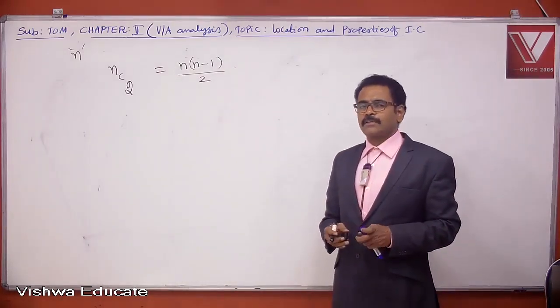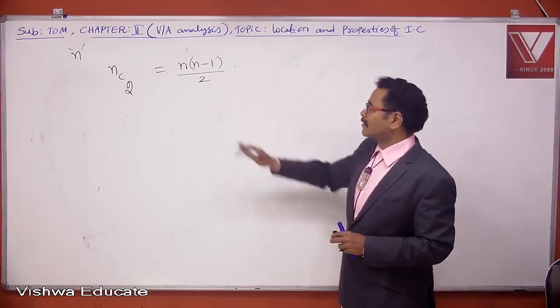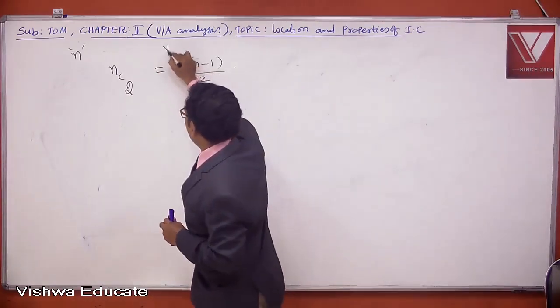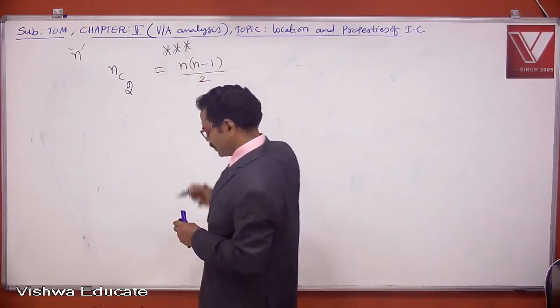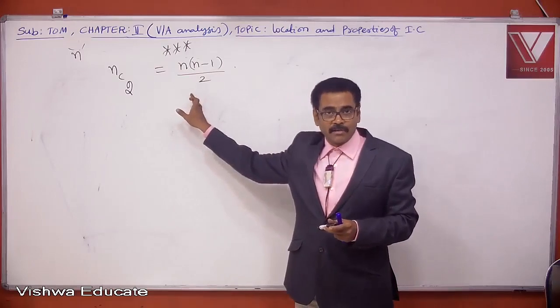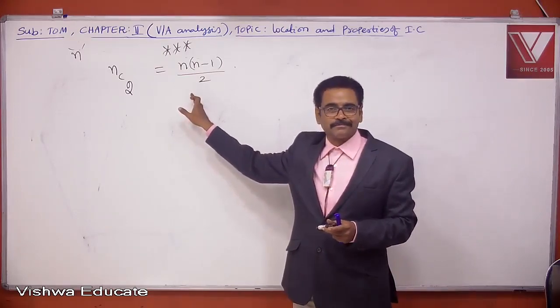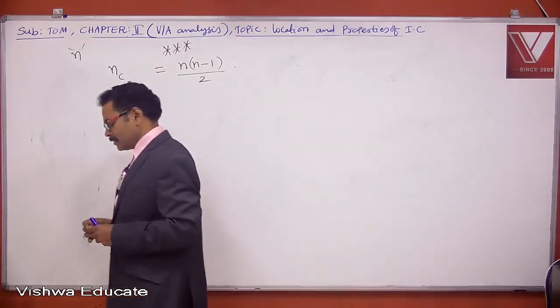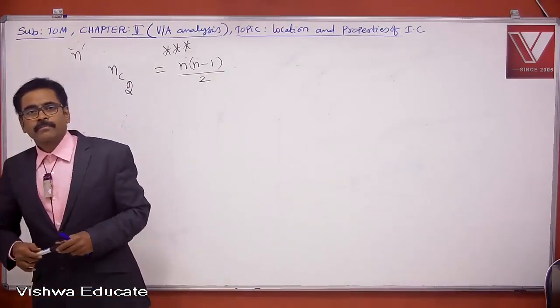So number of instantaneous centers in a mechanism is equal to what? n into n minus 1 by 2. This is a very important formula, man, right? In many GATE exams, they would give the number of links and simply ask, what is the number of instantaneous centers? Okay, write down the next line.